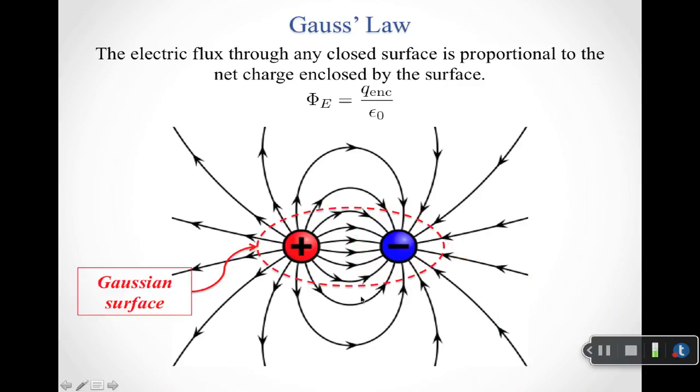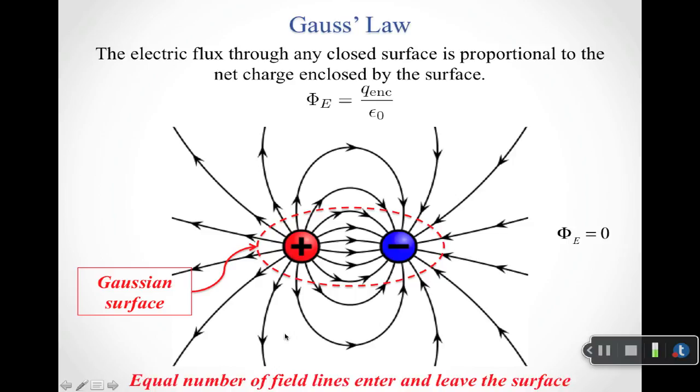And then if I happen to pick a Gaussian surface that encloses both, well, now if you think about the charge enclosed, I've got some positive charge, I've got the same amount of negative charge. When I add that together, the net charge enclosed within my Gaussian surface happens to be 0. And so here's a situation where the electric flux is 0. What that means is I've got an equal number of field lines entering and leaving the surface. Over on this side, all my field lines are leaving the surface, but there's a field line over here with basically the same strength, the same relative intensity, that is entering the surface.